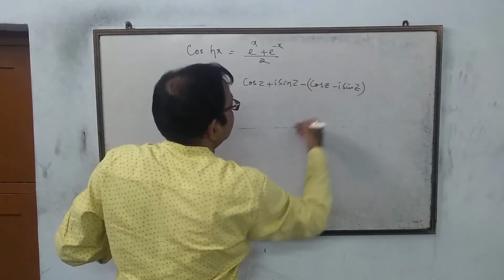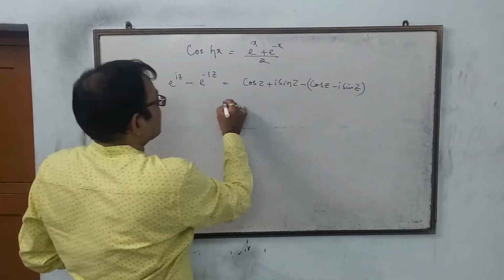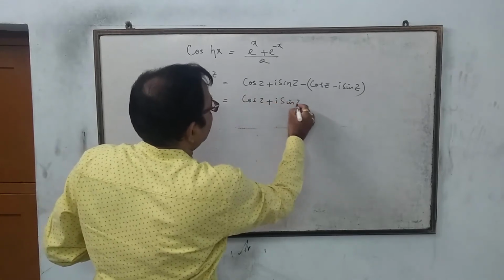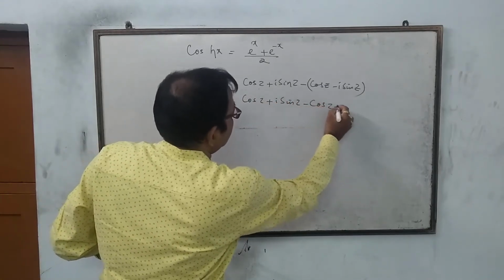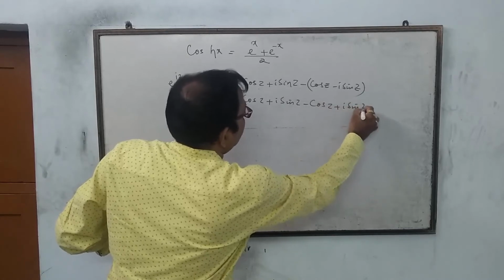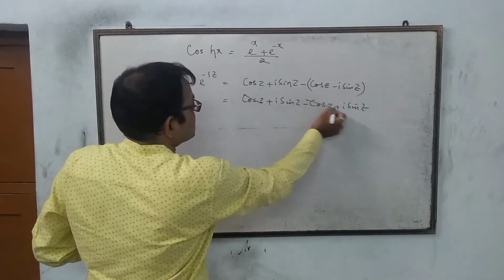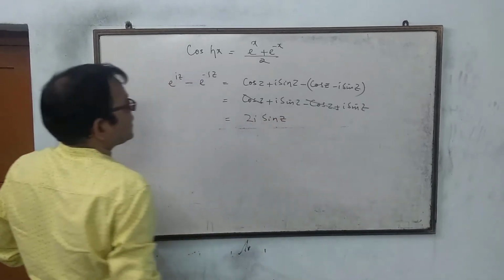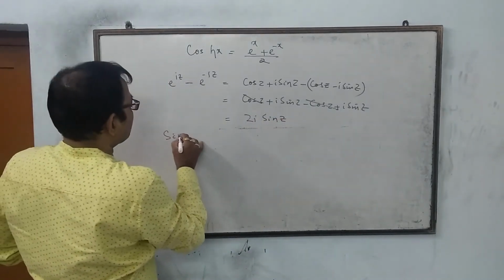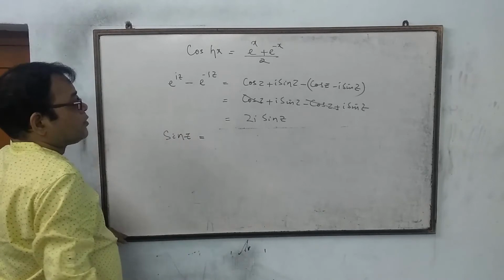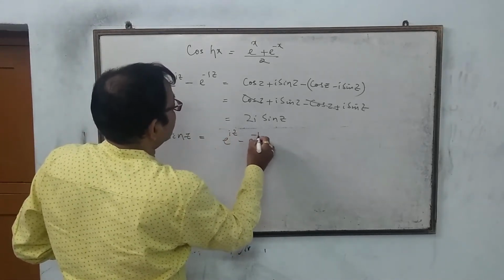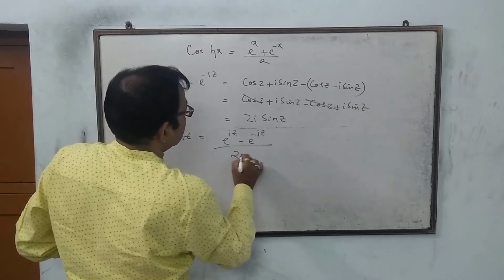Then our answer would be cos z minus cos z, so 2i sin z. Therefore, sin z equals e to the power of iz minus e to the power of minus iz upon 2i.